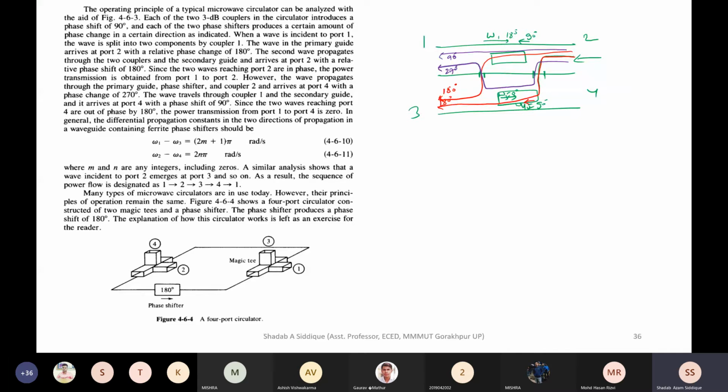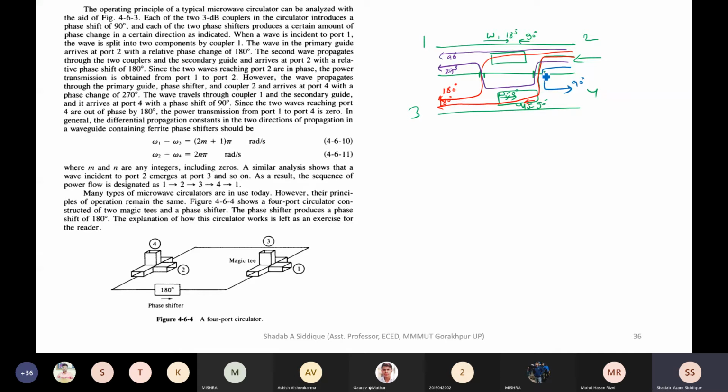Okay, so I hope you understand these things. Clear? Okay, and we can also go for port 4. So if we check for port 4, let me have this port 4. If you take input from port 2 and it comes directly to this one, it will give you 90 degree phase shift because of this coupler.